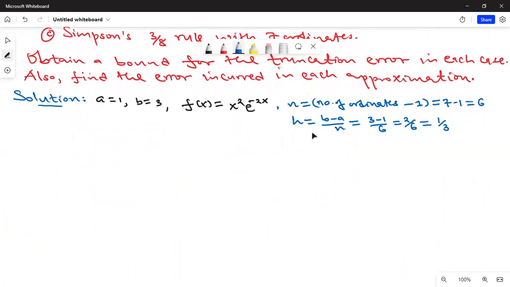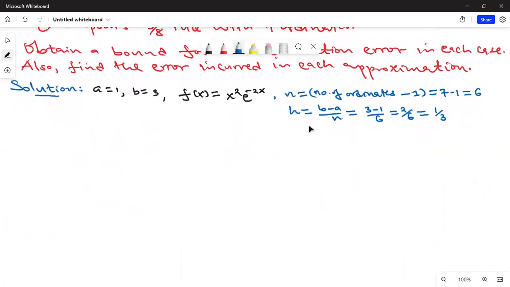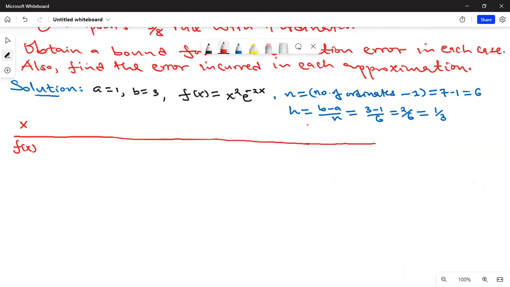Now, having found n and h, let's come up with a table of x versus f of x. Remember, we are starting from the value 1. We want to go all the way up to 3 in step size of 1 over 3.